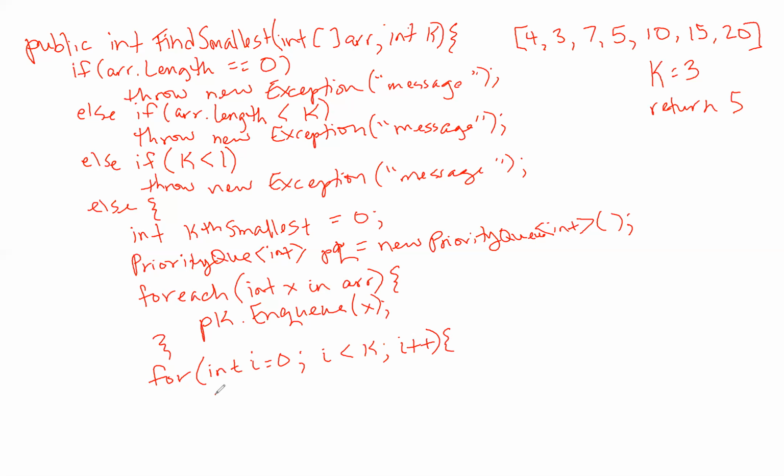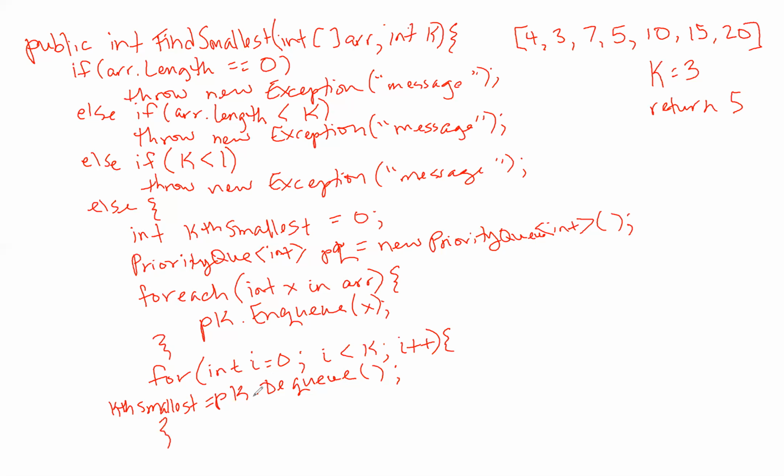And we would call pq.dequeue, and actually we would want to set the kth smallest equal to that. We'll go through like that, and once you've gone through, the kth smallest will be the last one that pops out of the queue.